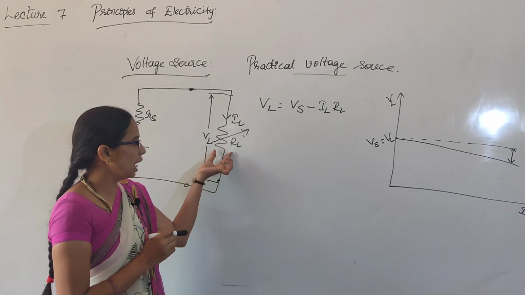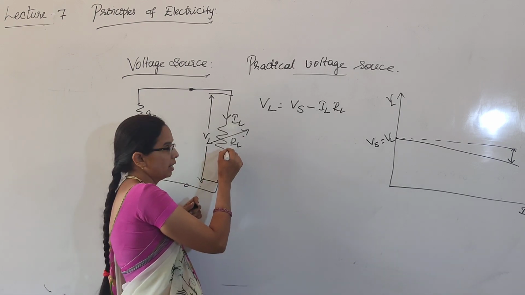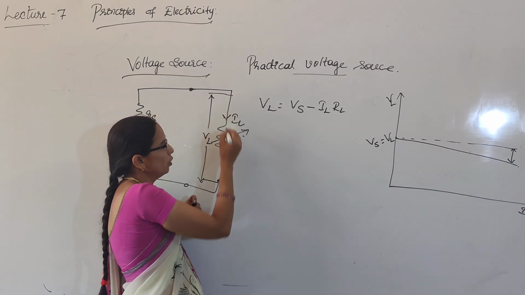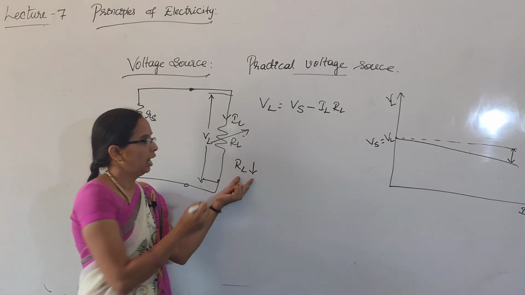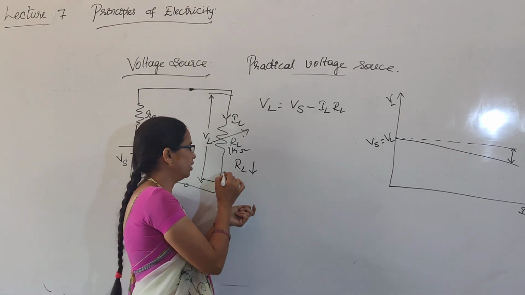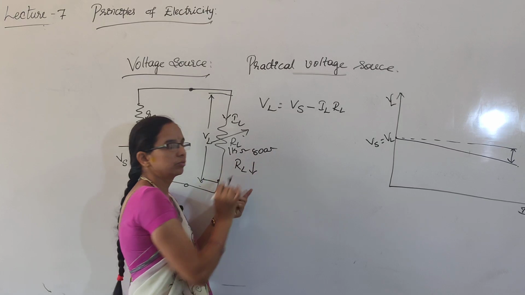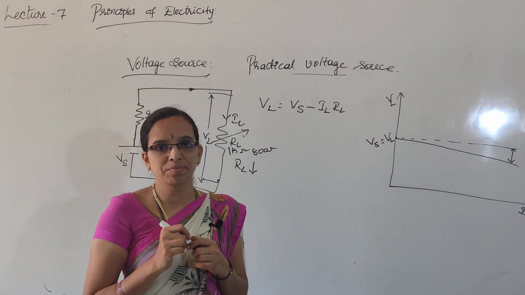If I vary RL, what happens to the current flow? I will make RL decrease. Say 1 kilo ohm, I will make it 800 ohm. If the resistance decreases, current increases.